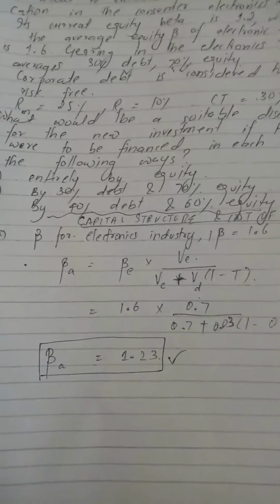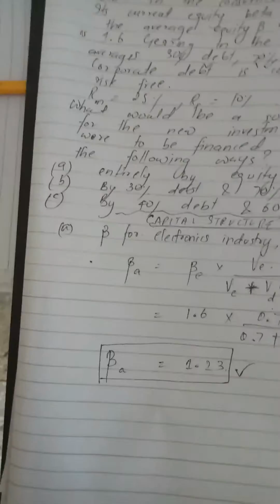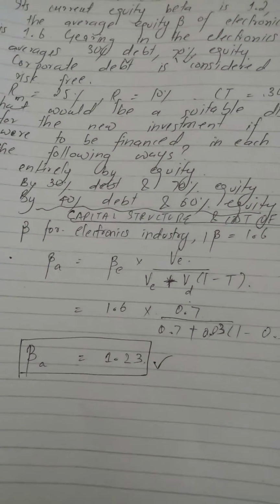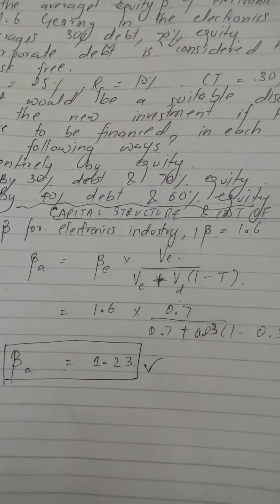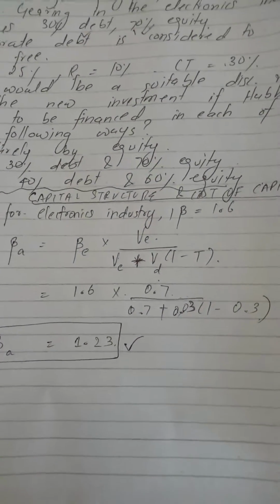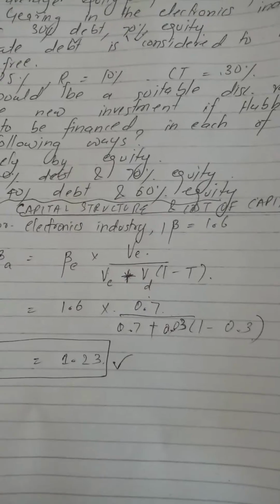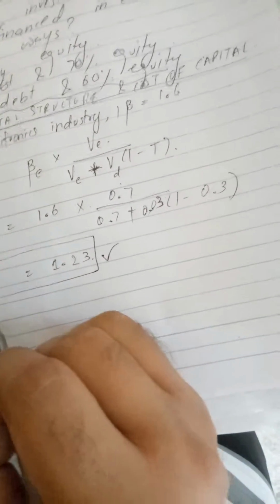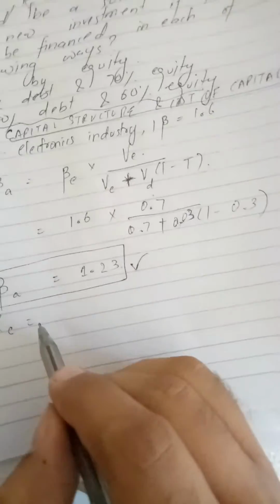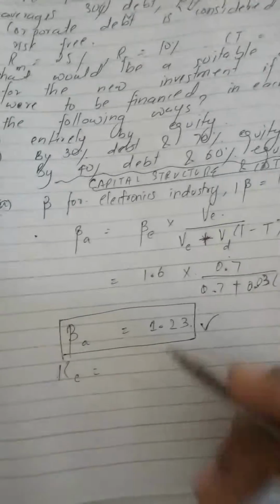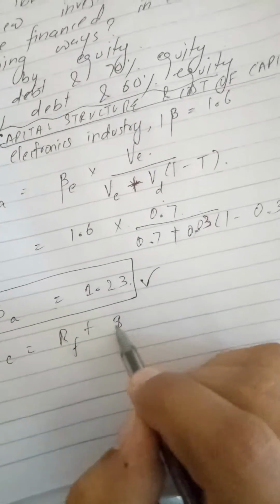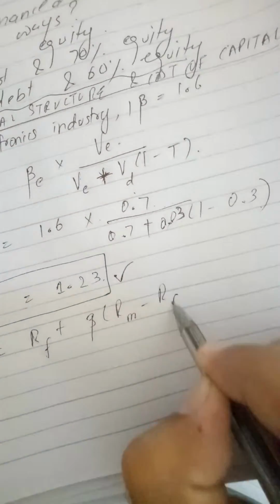Then, for the project financed entirely by equity, we put this beta asset in to get the pure cost of equity, which is also the WACC in this all-equity case. We calculate KE, the cost of equity, by the CAPM method: KE equals RF plus beta into (RM minus RF).